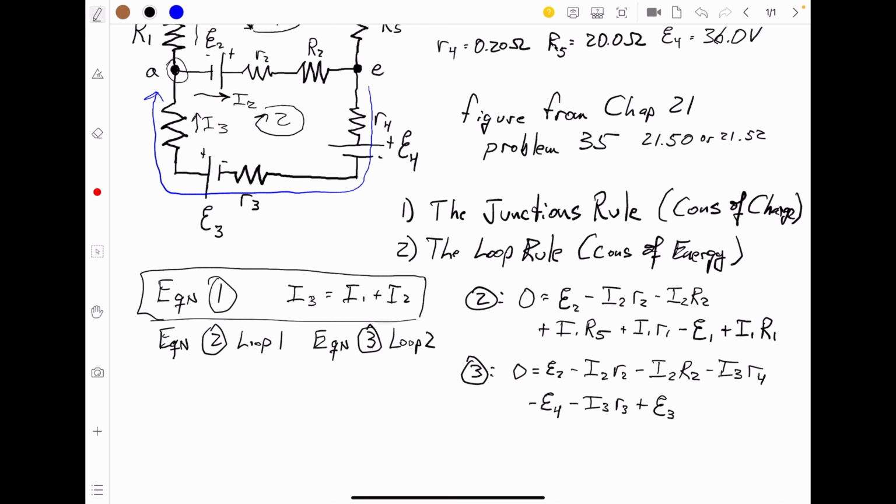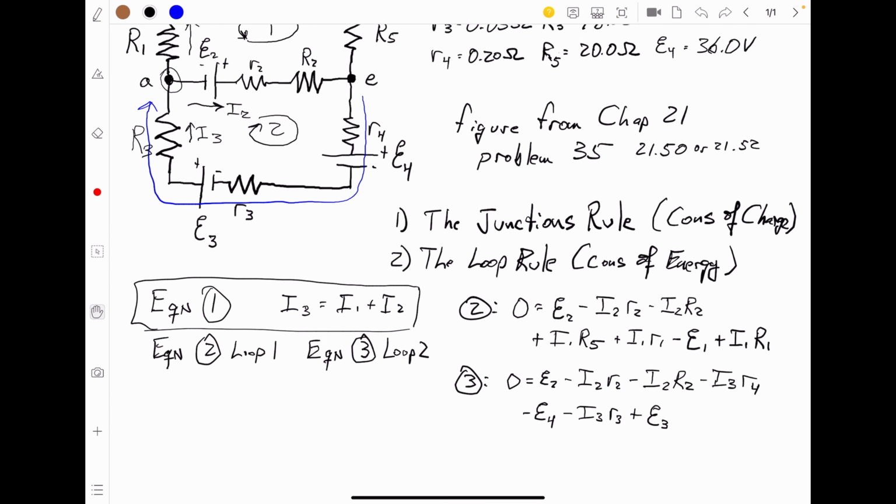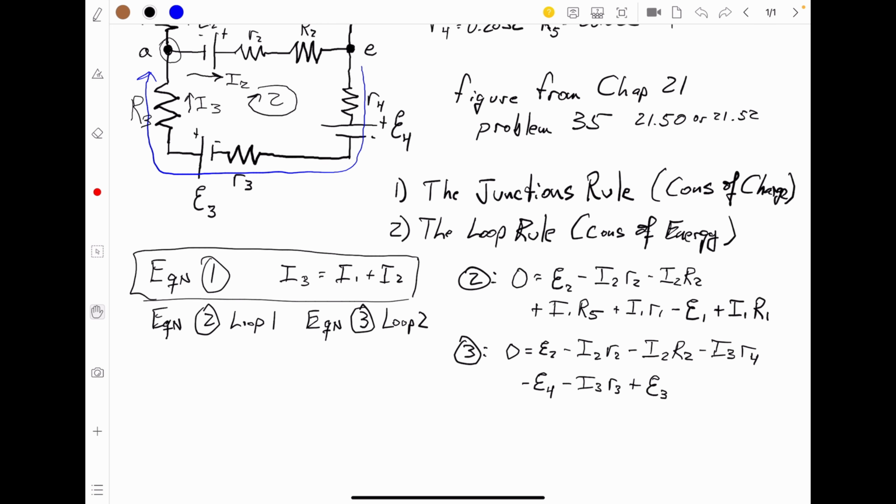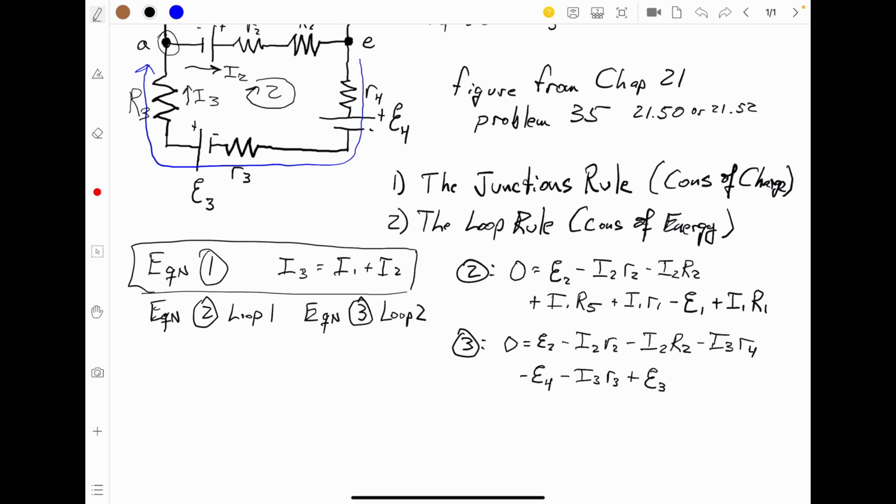Nope, we've got one other resistor. This one, I didn't name it yet. R3. Do I have a value for R3? Yeah, okay, good. R3 right there, 78 ohms. So we have one last thing to put in here. We're going along with I3, so we have to subtract off I3 times R3.